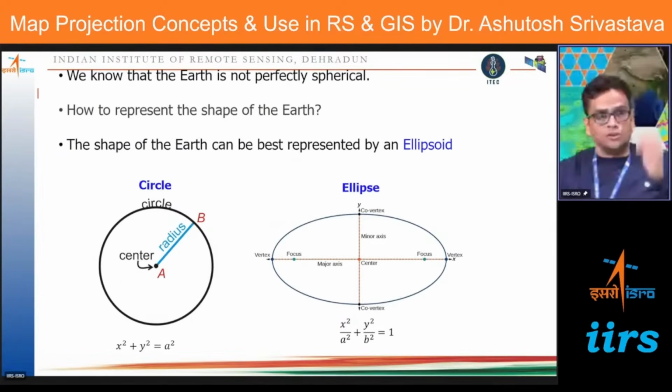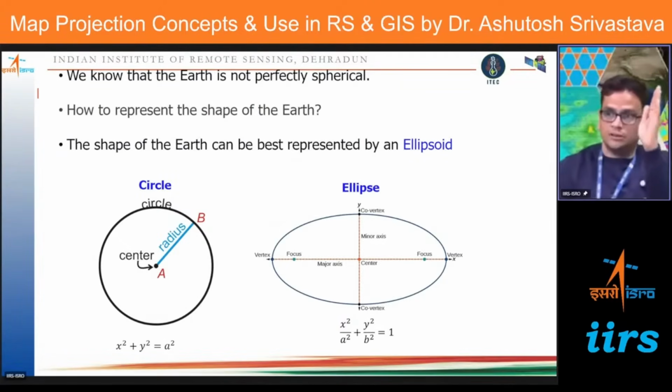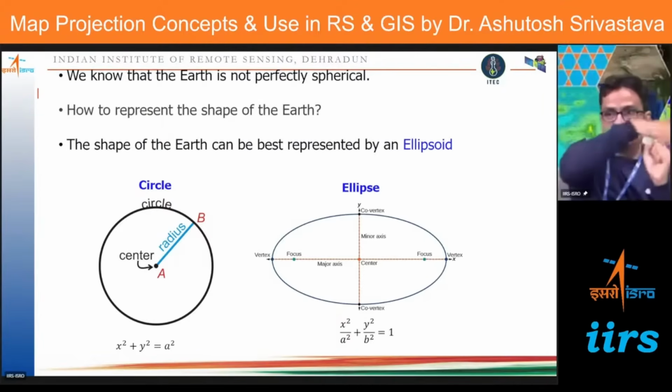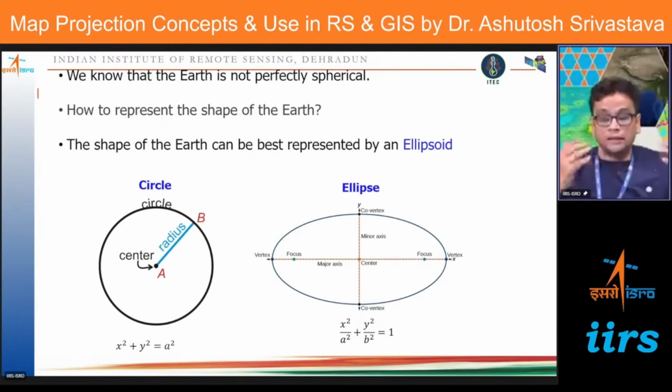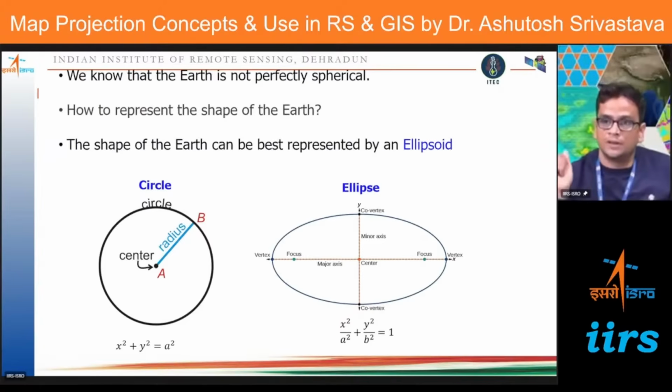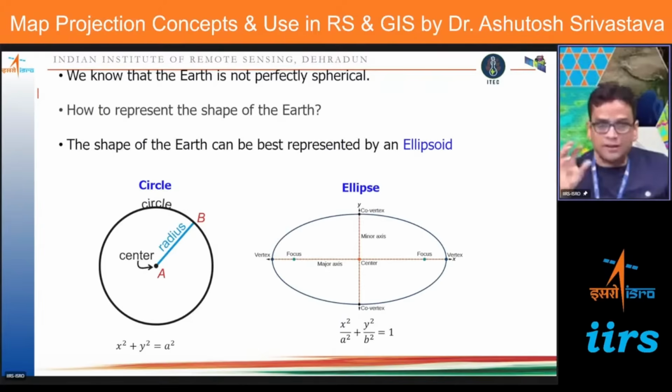So you take the vertical diameter and just rotate this circle about its diameter. Just imagine what three-dimensional geometry you are getting. That three-dimensional geometry is called a sphere.